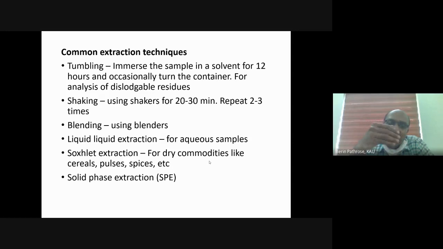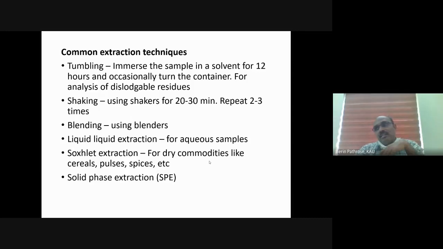Say we took 10 gram of sample, added 50 ml of solvent, and shook it for 30 minutes. Then we will collect the supernatant alone, that is the solvent alone, and to the remaining sample we will add another 50 ml. We repeat it 2 to 3 times so that the maximum pesticide is extracted.